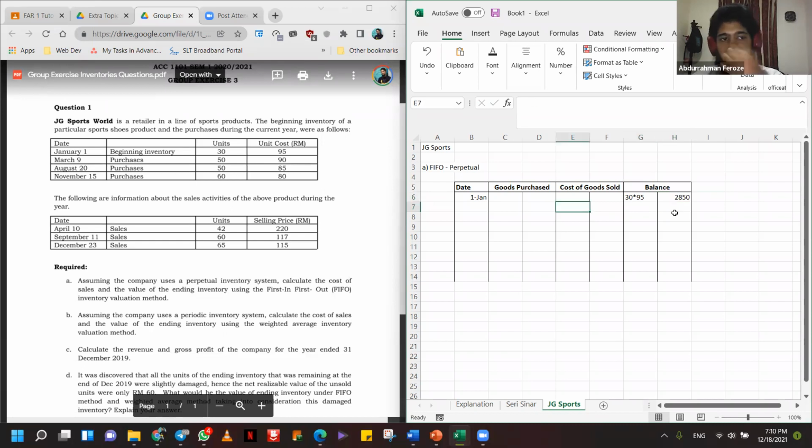And then on March 9th, we made a purchase. You have to make sure you move it in the correct order, because sometimes they give you all the purchases together and then the sales together. But sometimes there's like this April 10th, which will come between these two. So you have to make sure you have the dates in order. So on 9th March, we make a purchase of 50 units at the cost of 90 ringgit. So how much would that be? 50 into 90, that would be 4,500, correct?